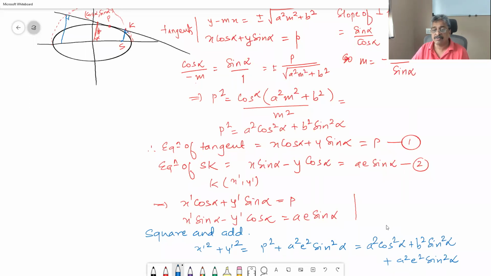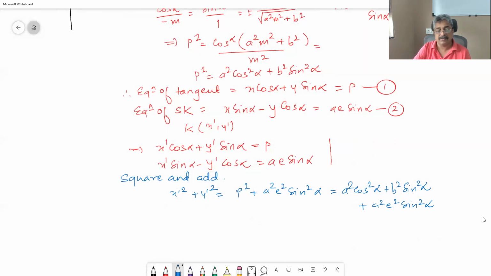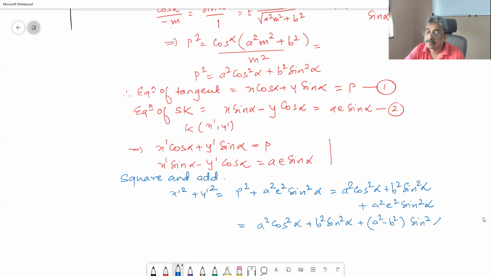That is what we have now. And for the RHS, we should show that it is a square. So a square cos square alpha plus b square sine square alpha, and what is e square? e square is a square minus b square over a square, so the sine square alpha terms combine.